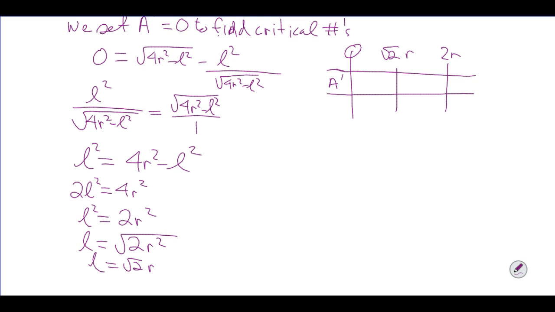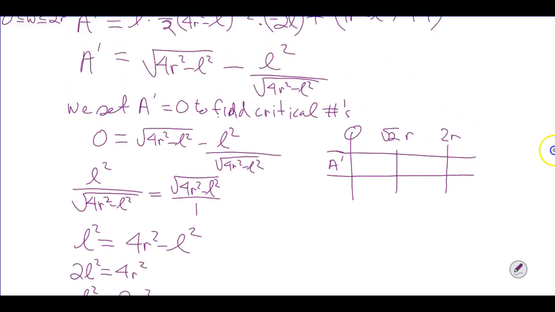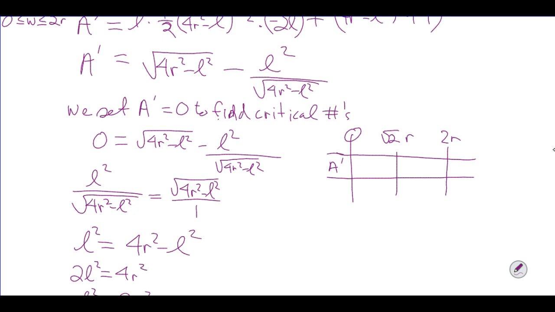What's less than root 2r that we could put in? You could just use r. If we throw r into A prime, this will be the square root of 3r squared minus r squared over the square root of 3r squared.